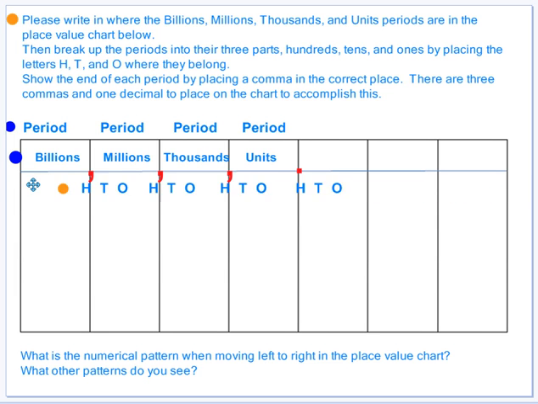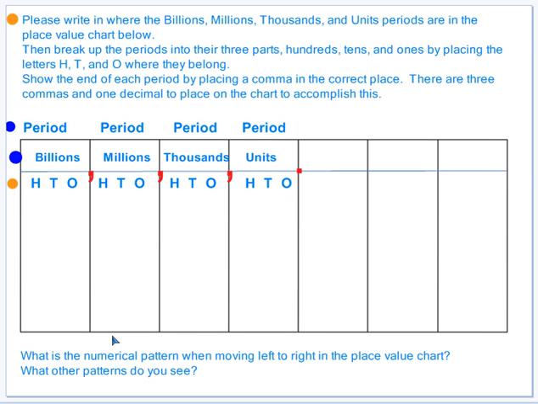Then I asked you to break the periods up into their hundreds, tens, and ones. And so we would read the numbers as these are the 100 billions, the 10 billions, and the 1 billions places. The 100 millions, 10 millions, and 1 millions place. The 100,000s, 10,000s, and 1,000s place. And then we have just the hundreds, tens, and ones.